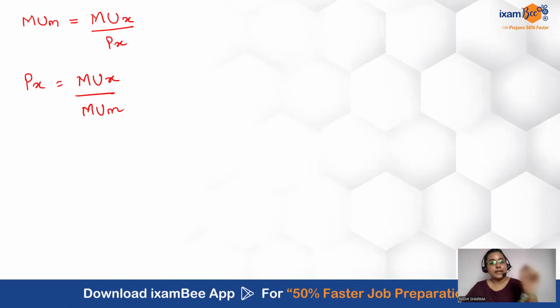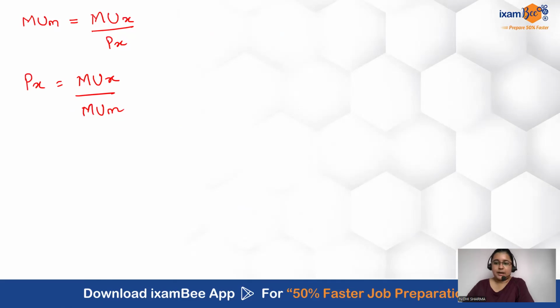Now, here is one important thing I have to explain. Marshall assumed a few things for the cardinal approach to hold true. There he assumed that the marginal utility of money will be constant.